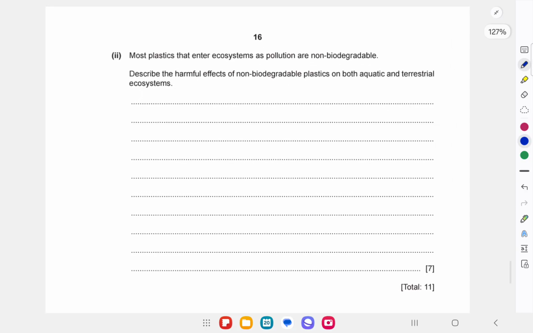Most plastics that enter the ecosystem as pollution are non-biodegradable. Describe the harmful effects of non-biodegradable plastics on both aquatic and terrestrial ecosystems. So I'll write them down first, then I'll explain it to you.